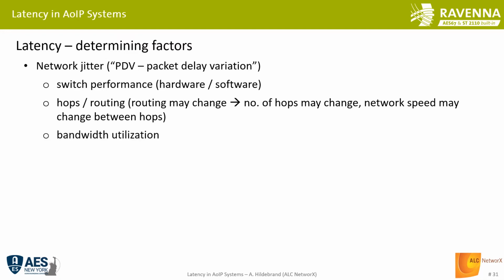Now, if I have a clean, empty network and I forward packets over one switch, I most likely see very little packet delay variation. But if I have lots of traffic on the network, like let's say there's a file copy going on, someone is recalling a big video file from the video server, that generates traffic.